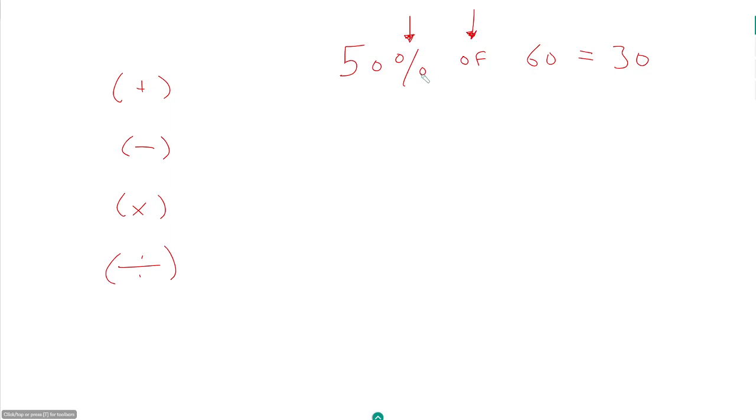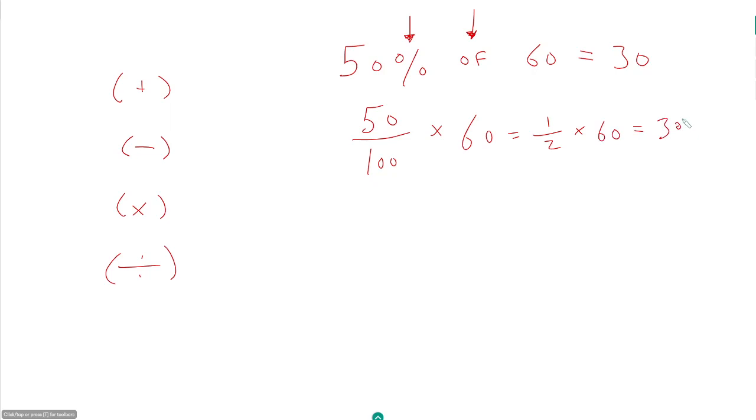What this percent sign really means is 50 divided by 100. The percent sign means divide by 100. And then of means multiply. And so 50% of 60 is 50 over 100 times 60. And 50 over 100 is 1/2. So this is just 1/2 times 60. And that is equal to 30.